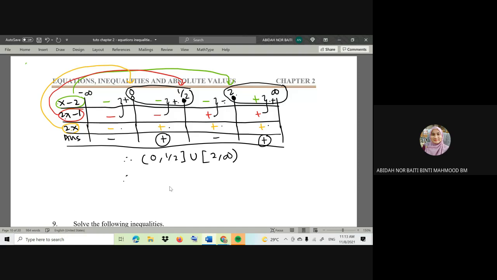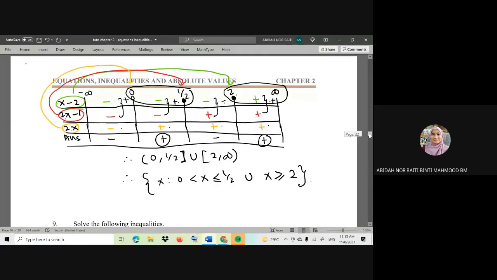Or in your solution set, how to write your solution set? 0 less x less equal half. Equal because here is square bracket. Union x greater equal 2, in solution set.